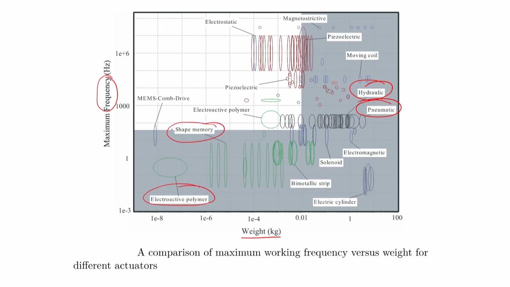For moderate frequency level it is MEMS, but for high frequency you have to go for piezoelectrics, because their bandwidth, as we have seen in the last class, is really very high, and that is also true for some of the electrostatic and magnetostrictive systems.